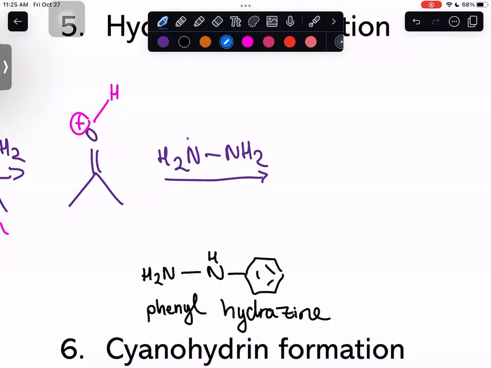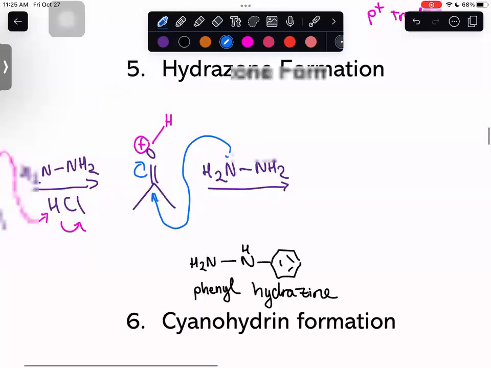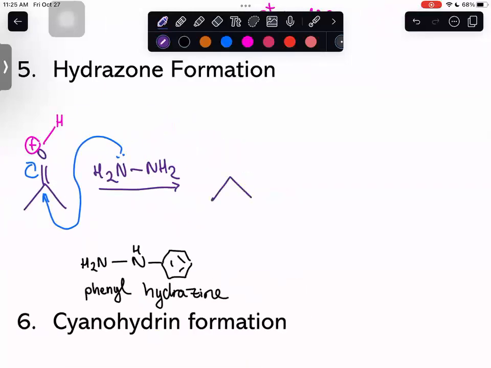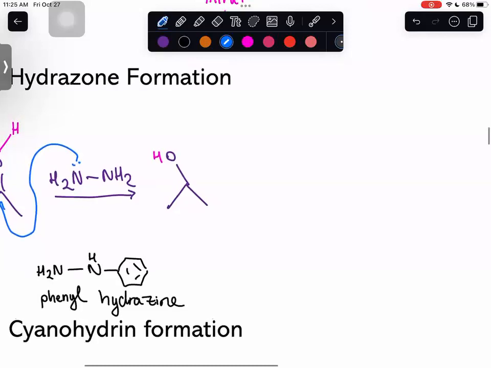I'm just going to use the one on the left. We attack our carbon, pick up the electrons. And now we have an alcohol group on one side, and we have our hydrazine connected in here.